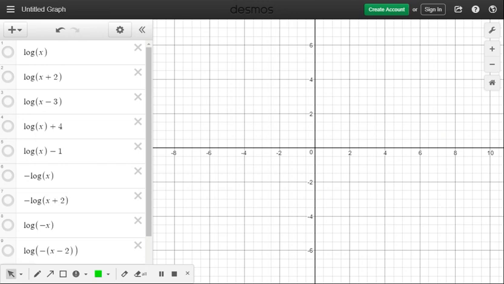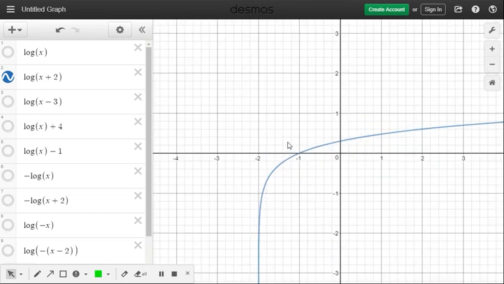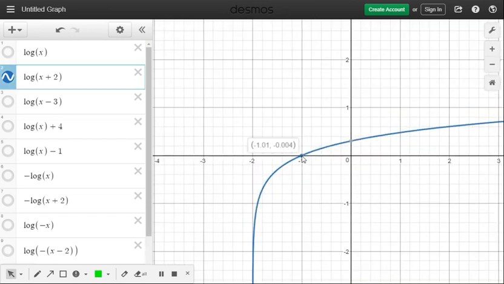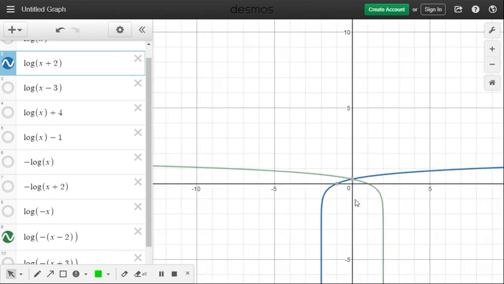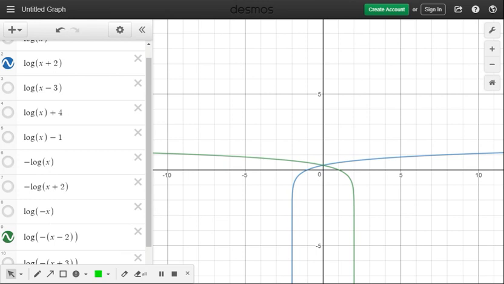So I'm going to use log of x plus 2. Here's the blue graph. If we compare the x-intercept, the x-intercept for the blue graph is negative 1, 0. Now, what we use is log of negative of x minus 2. So again, I'm going to turn it off, and then turn it back on.